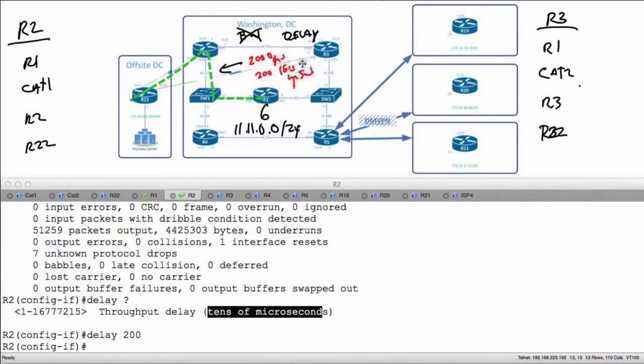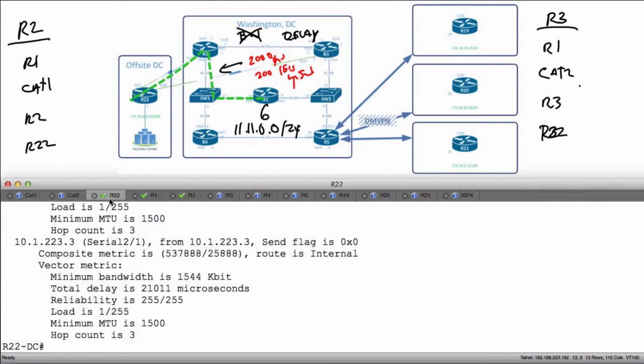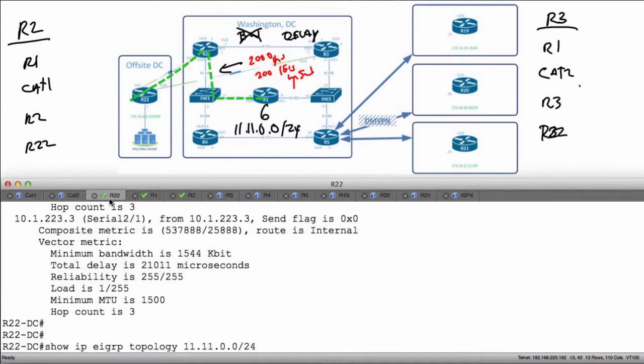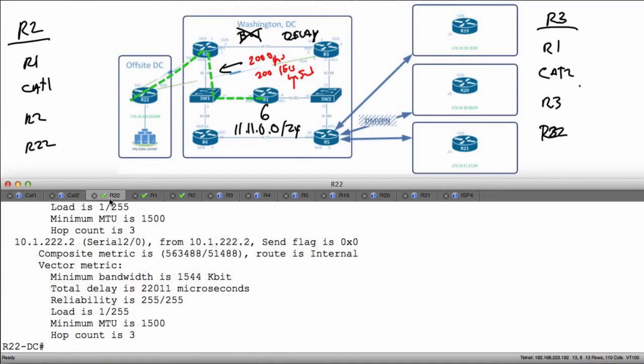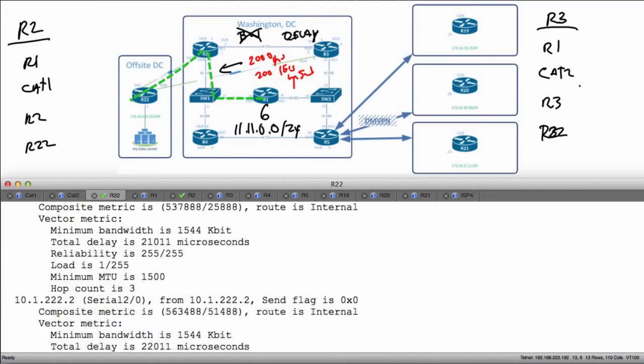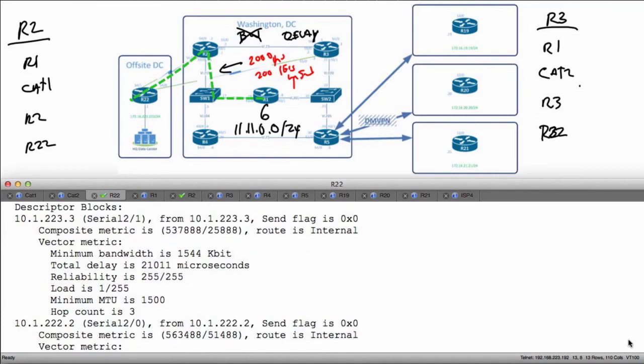Now let's see exactly what happens here on R22. So let's look at this. First of all, let's just go ahead and repeat it for the topology, and let's see what we have going on here. So from R2, did we change anything?